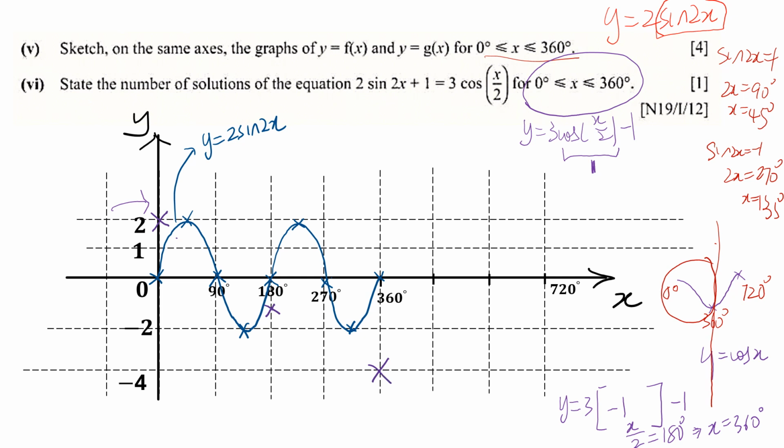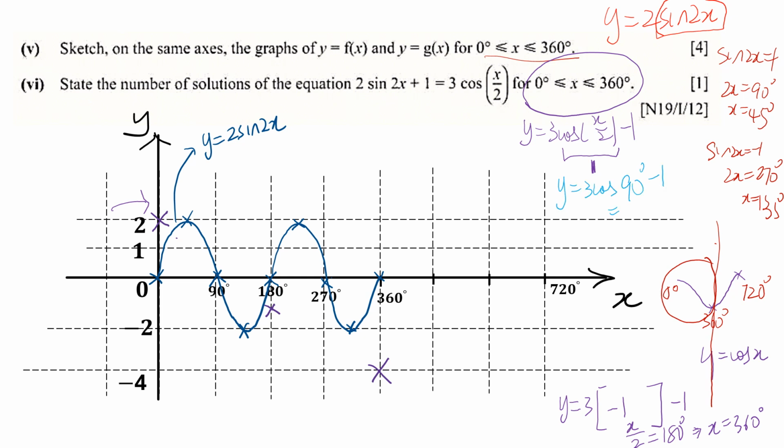I've provided another point to make the cosine curve easier to sketch. The second point I provided is when I let x be 180, right? So 180 divided by 2 gives 3 cosine 90 minus 1.